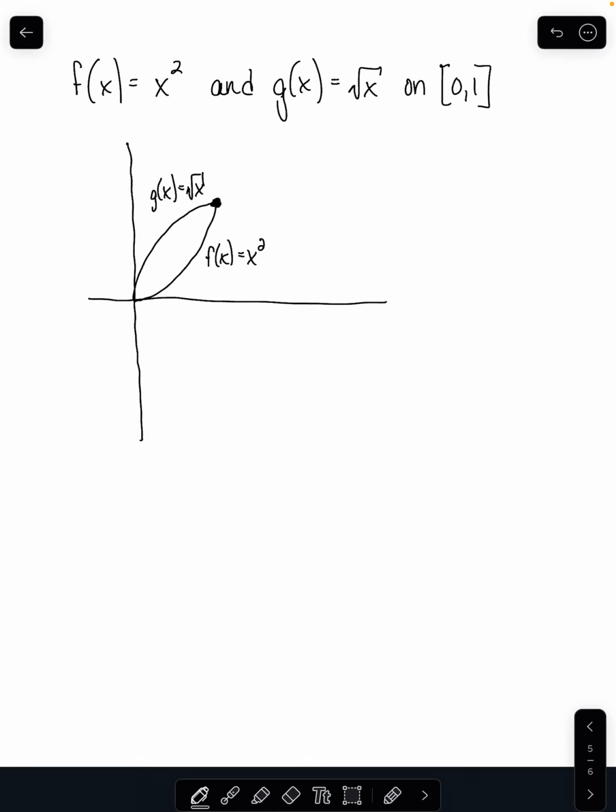This region then, if we were to draw a rectangle in it, would not reach all the way down to the x-axis. So that when we would rotate about the x-axis, we would produce a washer shape.